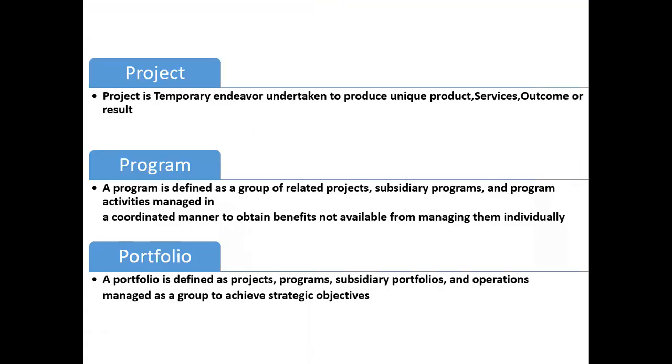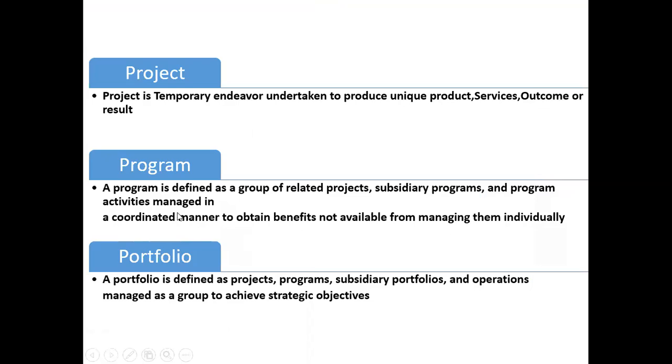And then you have a program. What is a program? Here is the definition of everything: project, program. A program is when you have two projects having shared resources, shared kinds of things, as a group of related projects and subsidiary programs.